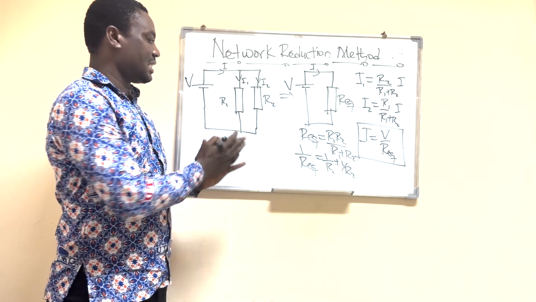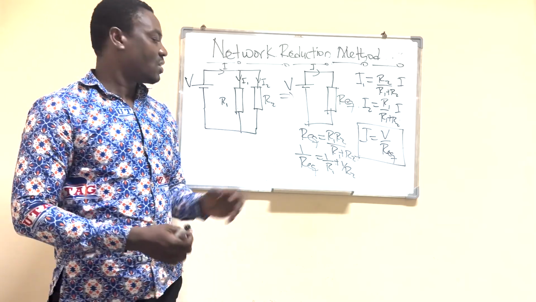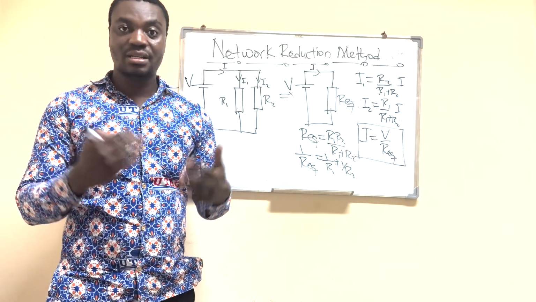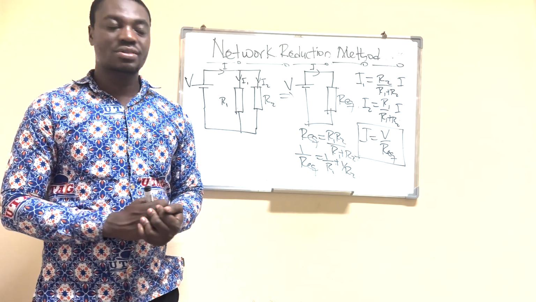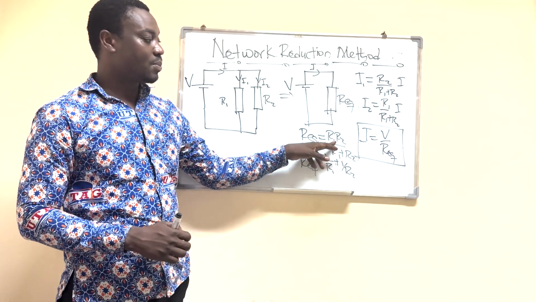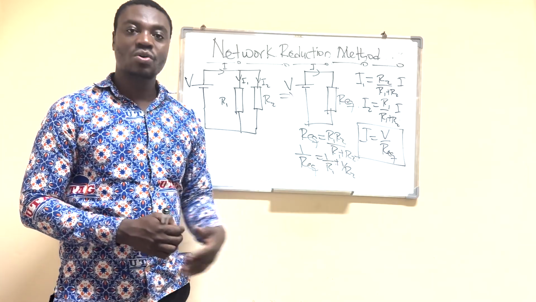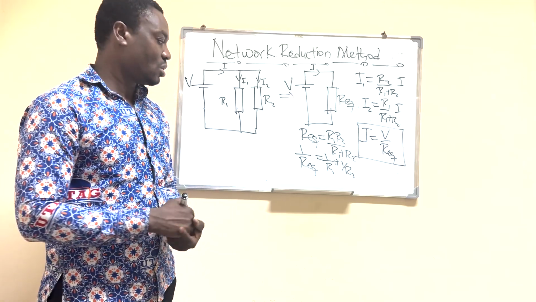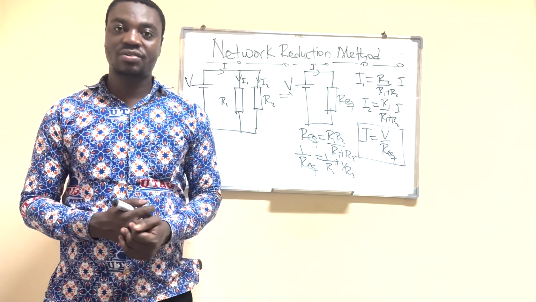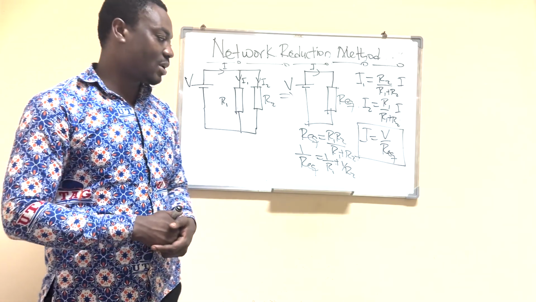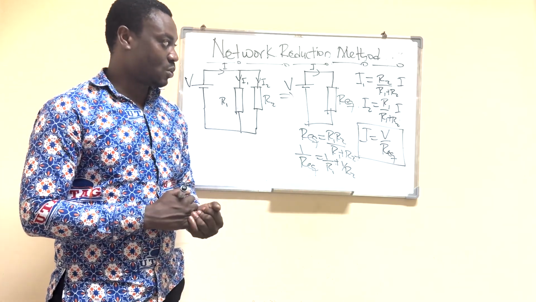So based on this, we calculate the equivalent resistance for these two resistors connected in parallel, and that is going to be equal to, since they are just two resistors, the product over the sum. So R1 times R2 over R1 plus R2. Or you can use the formula, which is 1 over equivalent resistance equals 1 over R1 plus 1 over R2. That will give you the equivalent resistance as well.